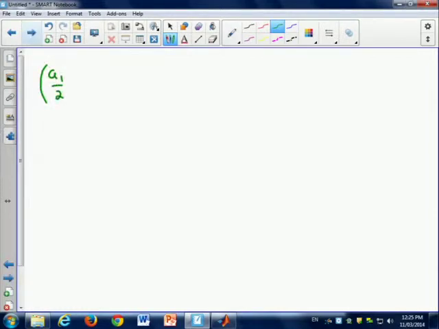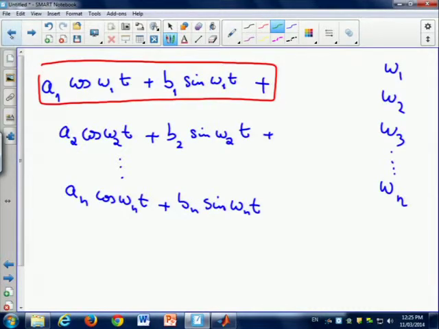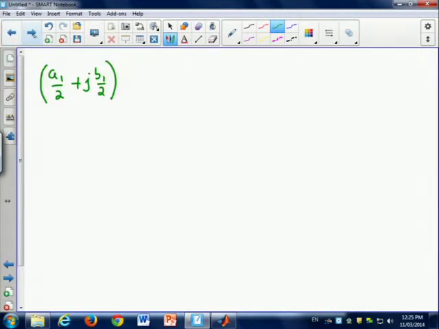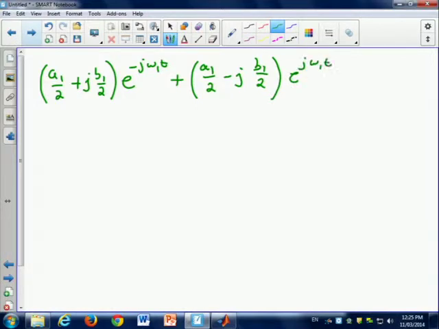A1 on 2 plus j B1 on 2, times e to the negative j omega 1 t, plus A1 on 2 minus j B1 on 2, times e to the j omega 1 t.